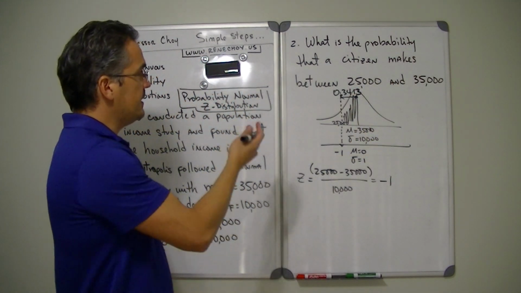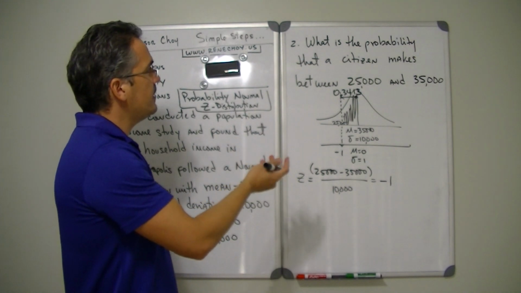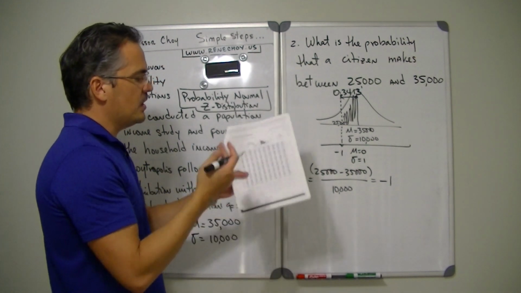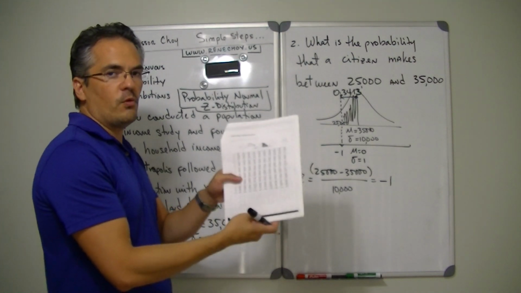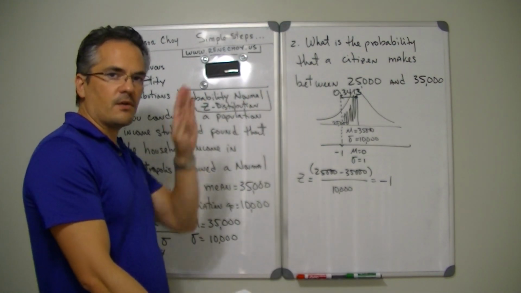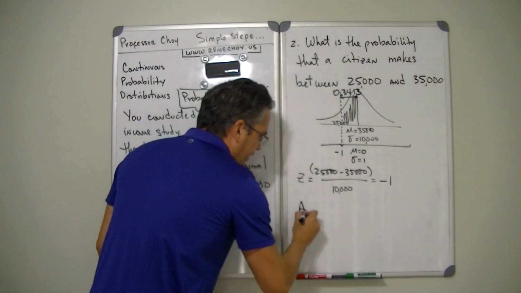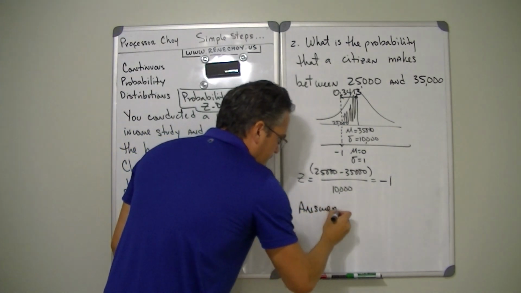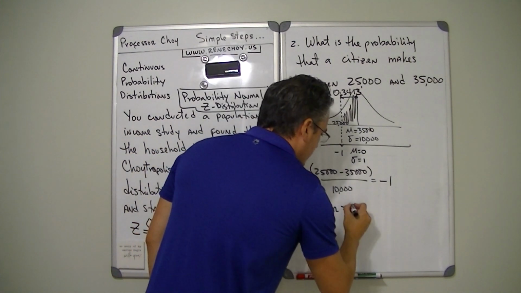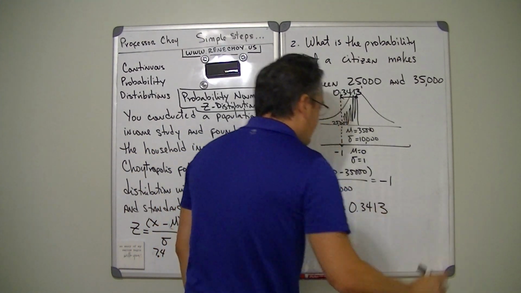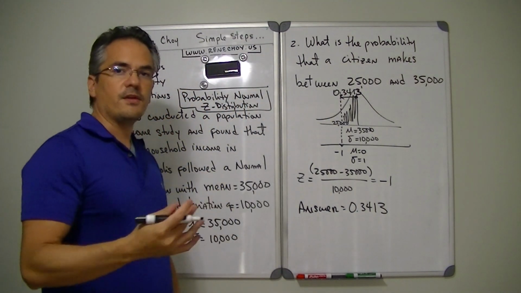So in this case, you're asking us what is the probability that a citizen makes between 25,000 and 35,000. Because this particular table always gives you the probability between the center and the number, then we already have our answer. So our answer is equal to 0.3413, or 34%.